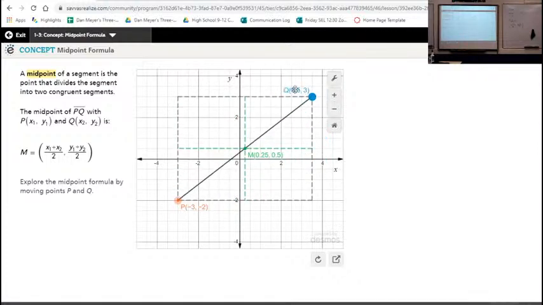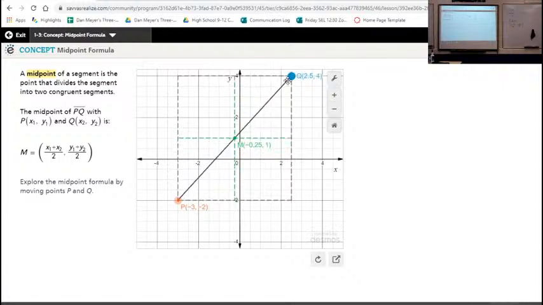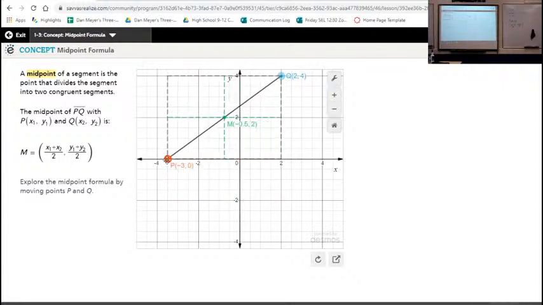And so you'll notice that regardless of where I drag this point around, so let's keep it there, or if I drag this red point around, to get the midpoint, I'm going to use the same method every time. I'm going to figure out what's exactly halfway in between for the x coordinates, and then what's exactly halfway in between for the y coordinates. And that will tell me where the exact middle is.